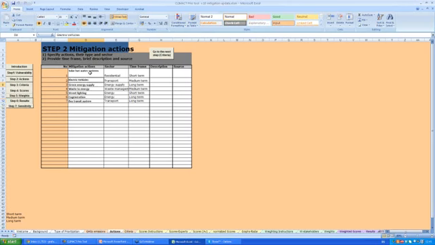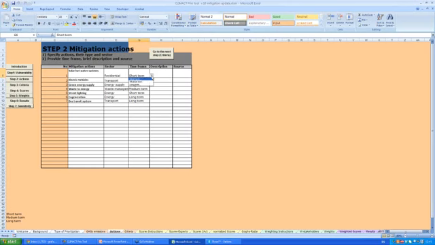Here we have identified just seven actions. We identify the sector, if it's residential, transport, waste, and so on.